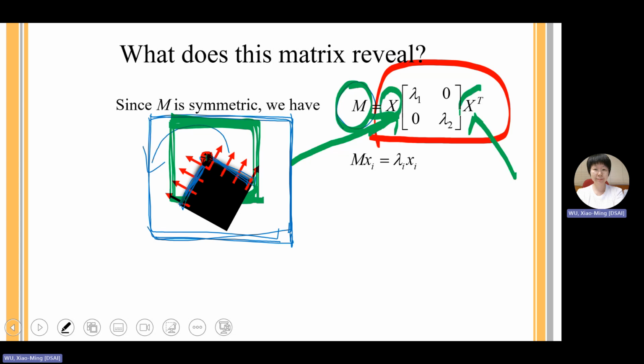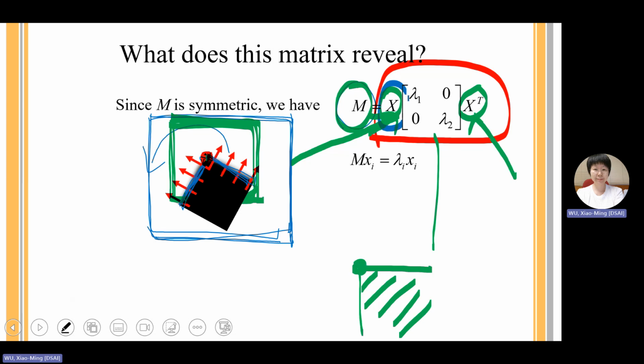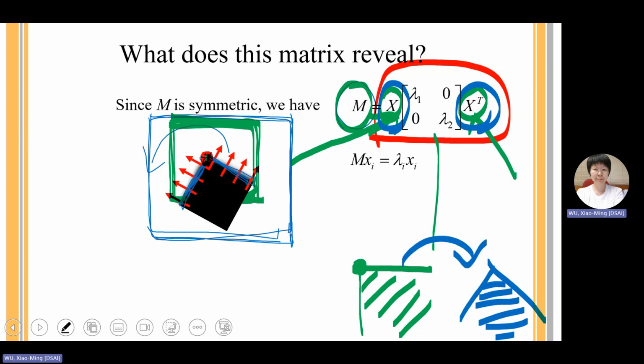You can imagine initially we have some axis aligned case, and then we rotate the corner by the rotation matrix. Then the corner becomes like this after rotation. So this rotation is captured by the rotation matrix.